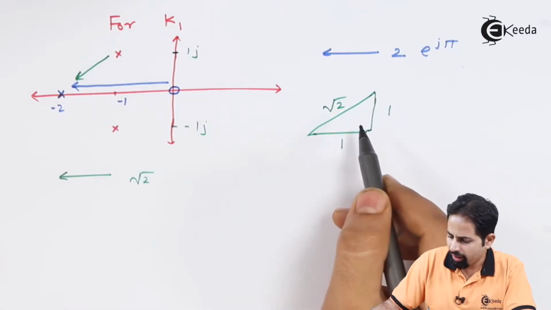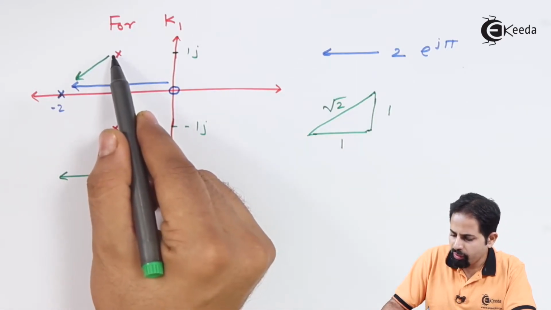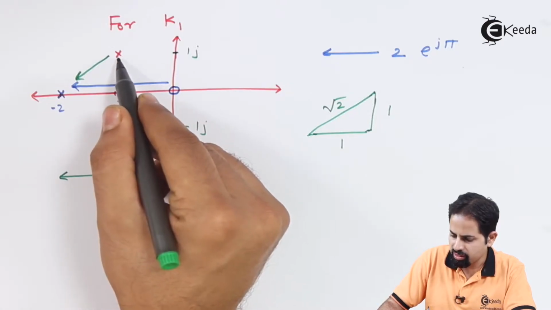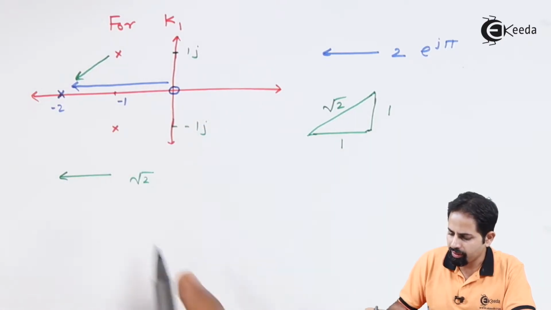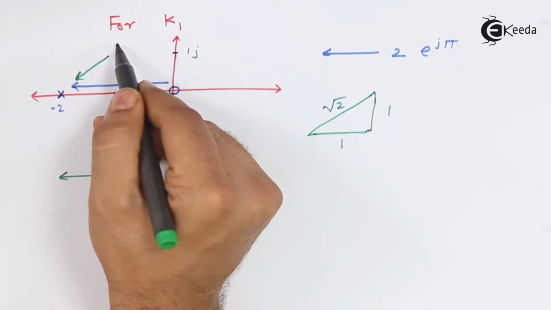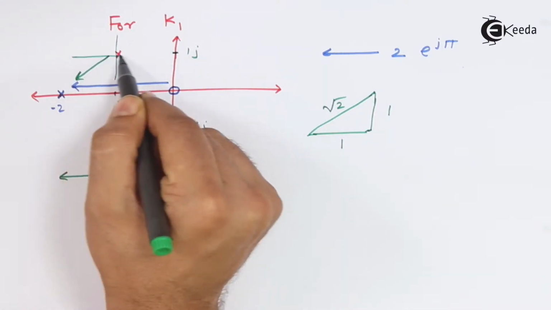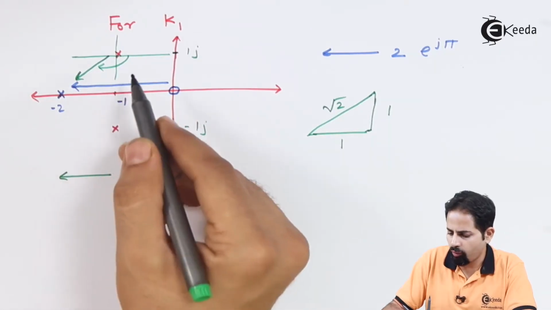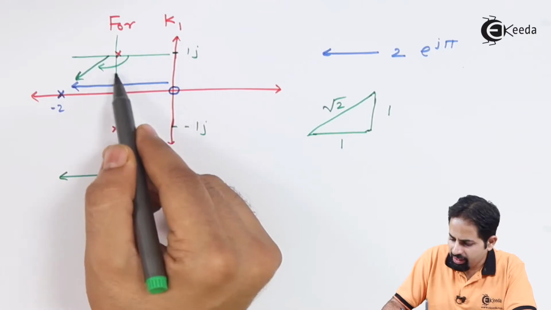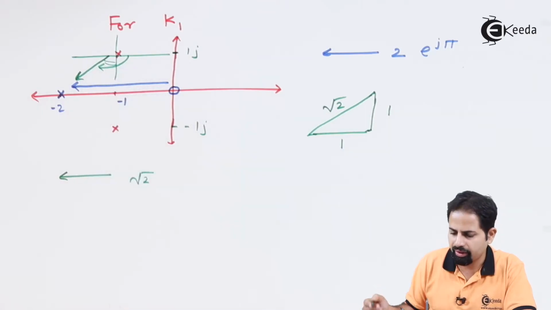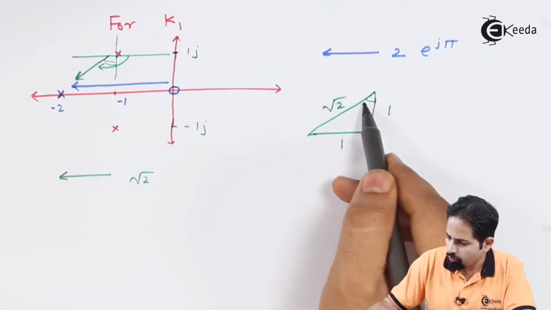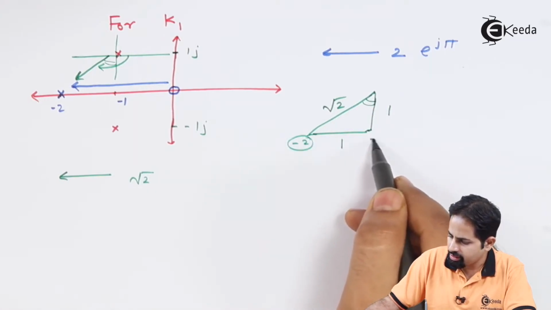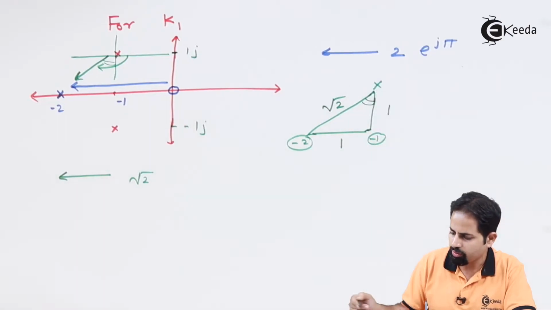In terms of angle, it is to be evaluated at this particular pole, shown by this red cross. If I come clockwise, it will be a negative angle. So this angle is 90 plus this angle. This is the minus 2 pole, this is the minus 1 pole, and this is a cross pole.